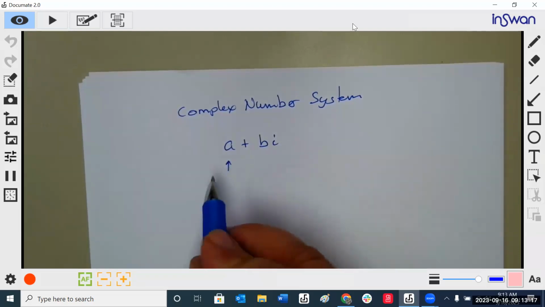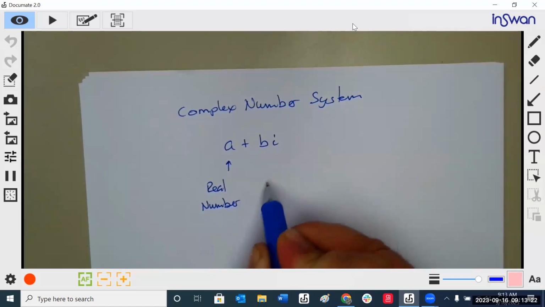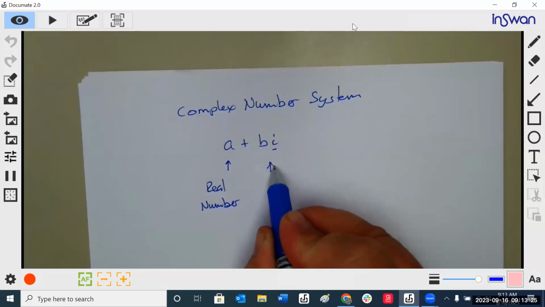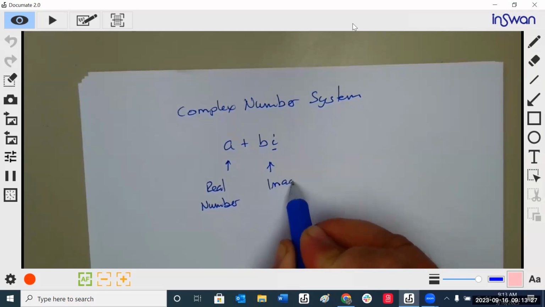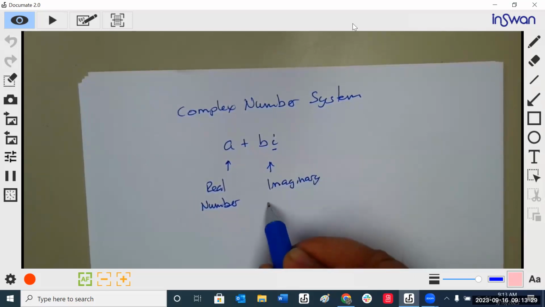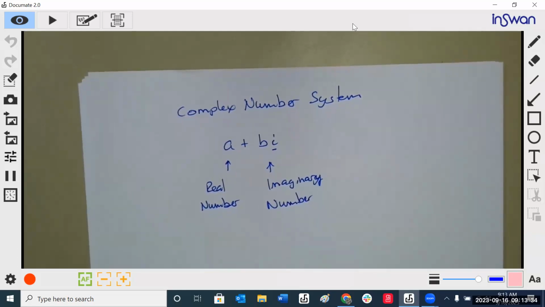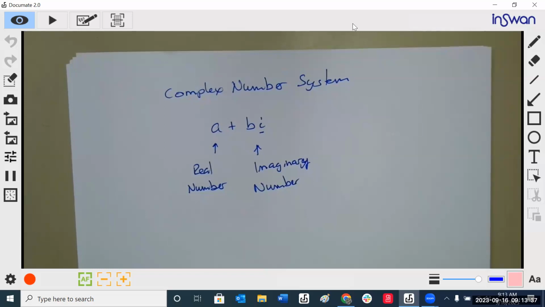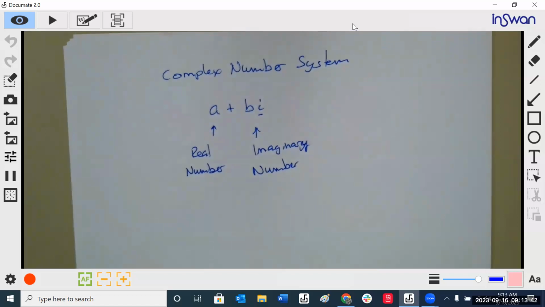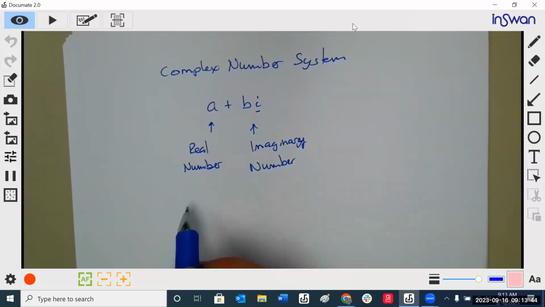Where A is a real number and anything with an i is an imaginary. So something like -3 plus 5i, that's a complex number.